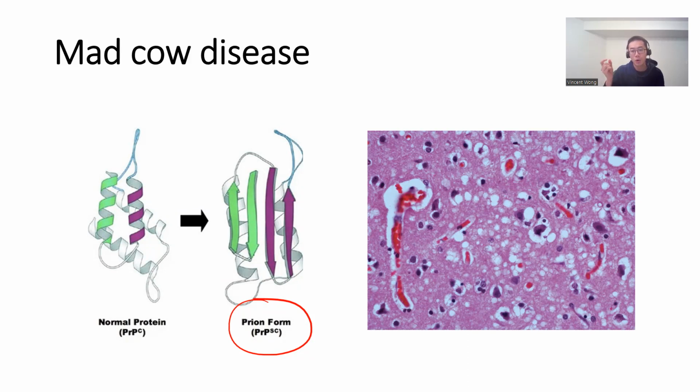So if the sequence changes, then that causes them to misfold, right? Okay, so that's how it happens in the cow. But how people get it is if we ingest contaminated cows. Okay, thank you. All right, so that is that.